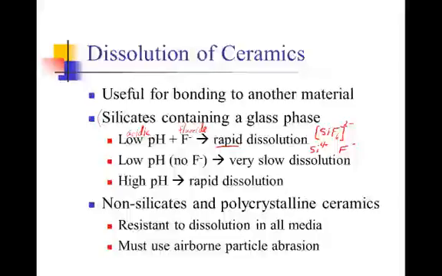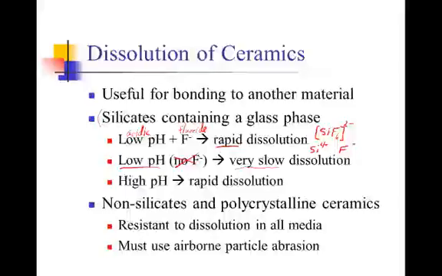So this presence of the fluorine and the acidic pH allows that complex ion to form and makes the glass dissolve rapidly. But if we have acidic pH by itself and no fluorine present, then we will get very slow dissolution of the glass.